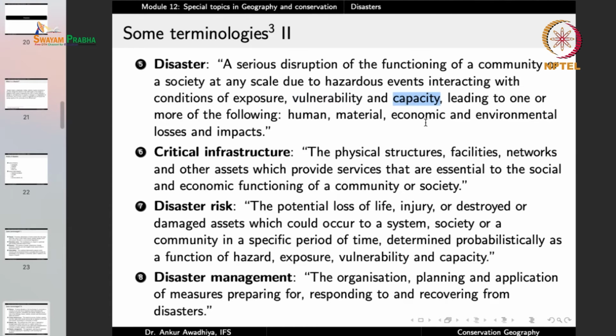Or we can try to increase the capacity of the community, say by providing things like crop insurance, or building insurance, or by providing means like infrastructure to save the people whenever flood happens. So in that case, people are exposed to the flood, people are vulnerable to the hazards that are caused by flood, but you have increased the capacity of the community to cope.